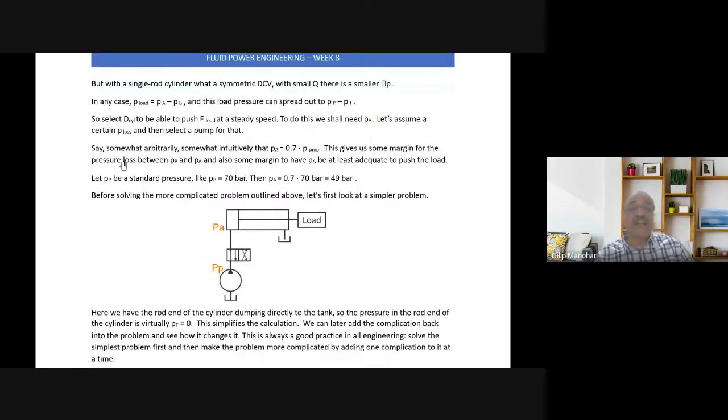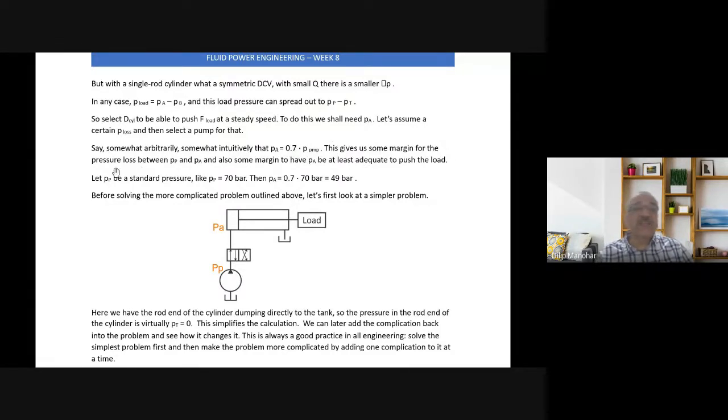Say arbitrarily, it is assumed that PA is equal to 0.7 times P pump. That means pressure at point A is 70% of the pressure at the pump. This is also, of course, an assumption. You can assume some value, 25% loss, 30% loss, depending on your judgment. So this is a tentative value we can change later on.